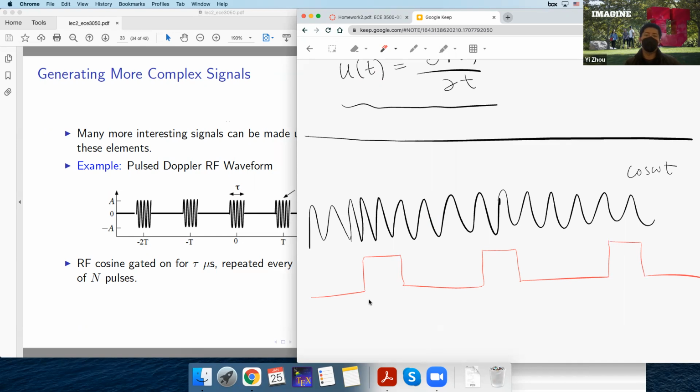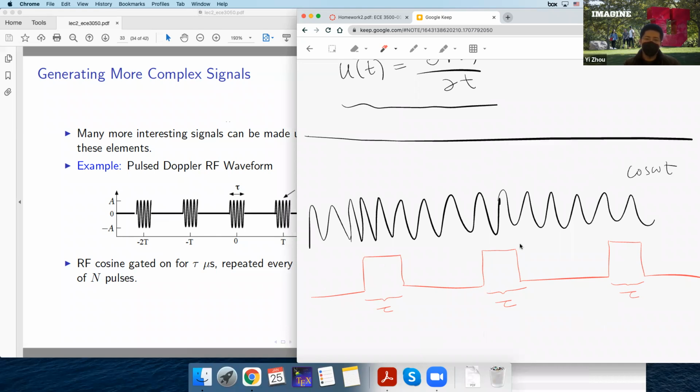Right? And this window length is tau seconds. Multiplying these two, you will end up with this pulsed Doppler waveform. So this cosine omega t is a very standard cosine signal. We know how to generate that.